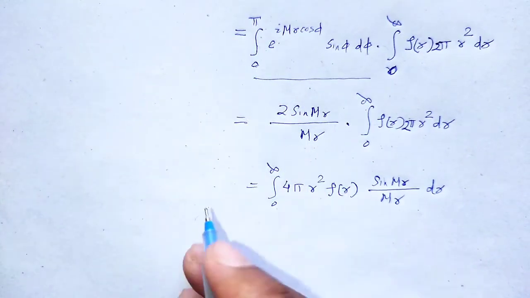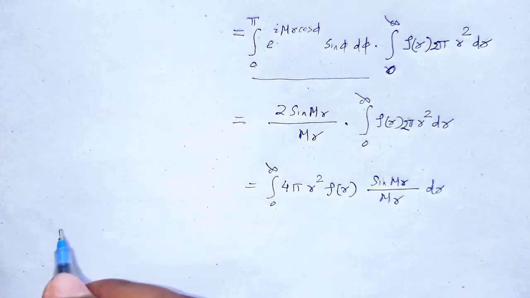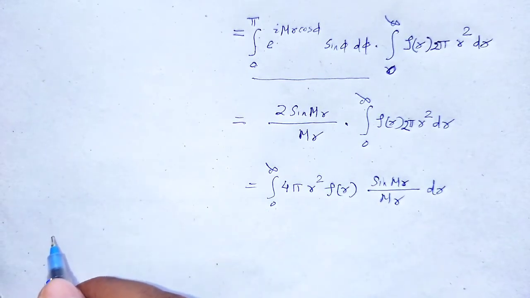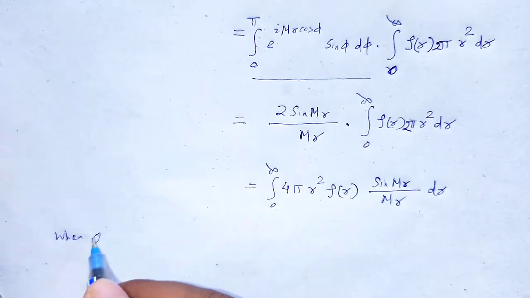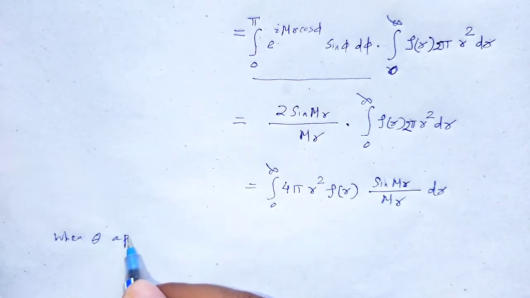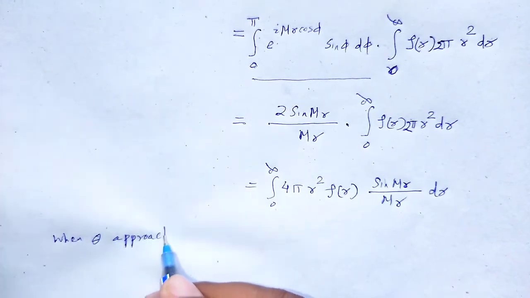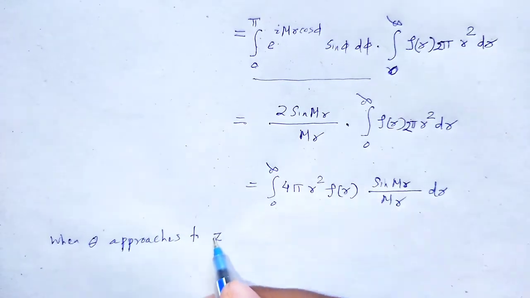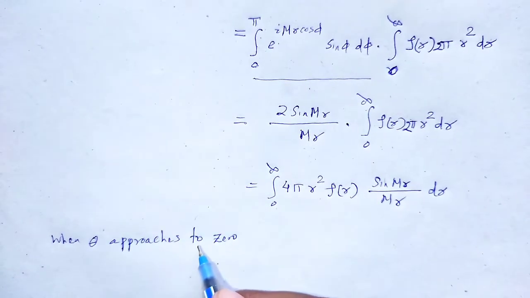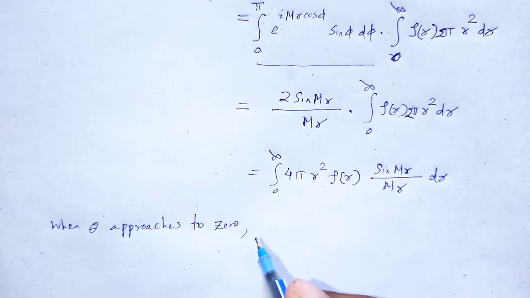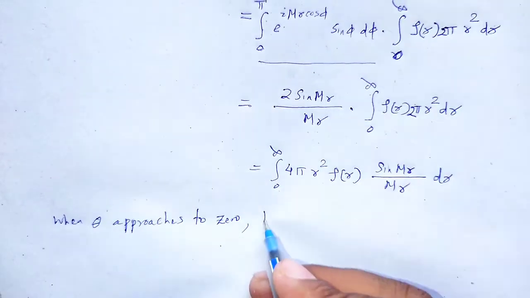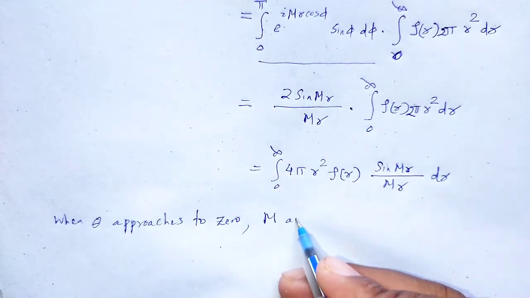I am taking the limit when theta approaches 0. In that case m approaches 0.